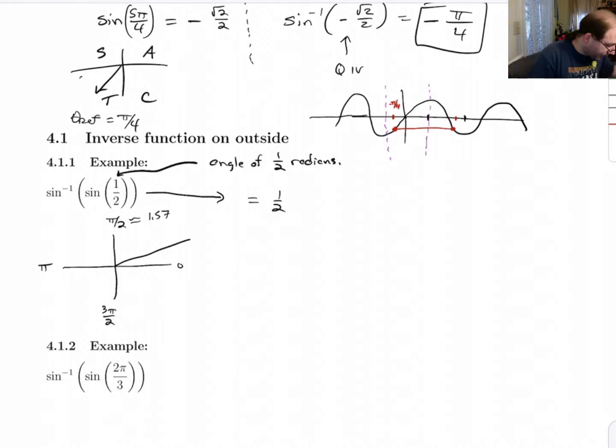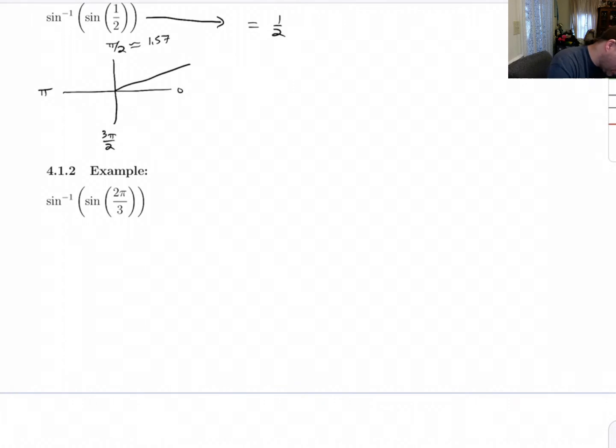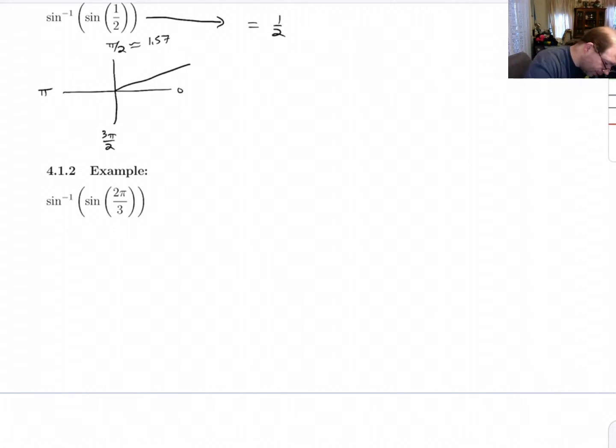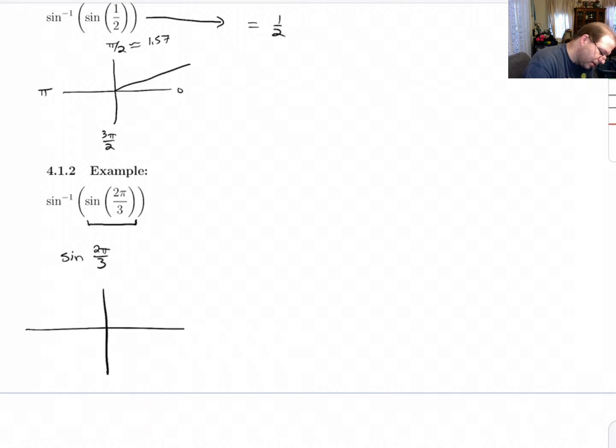Now things get trickier when you move into different quadrants. So inverse sine of sine of 2 pi over 3. Let's do this both ways. Sine of 2 pi over 3. If I draw that in here, this is pi, so 2/3 of pi is here.